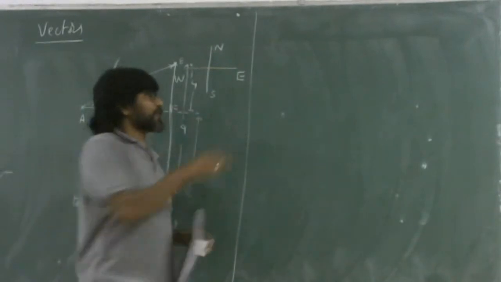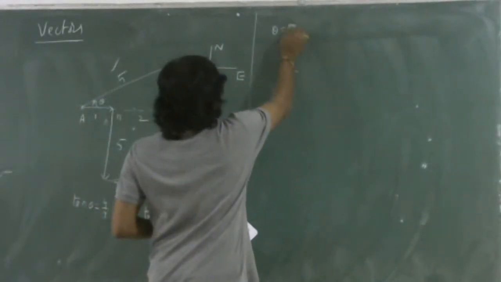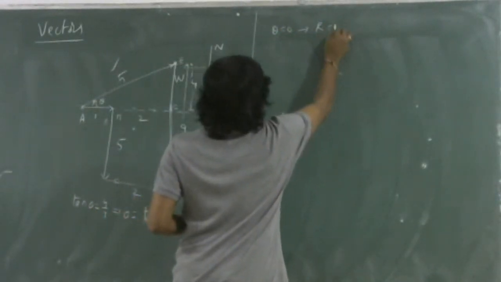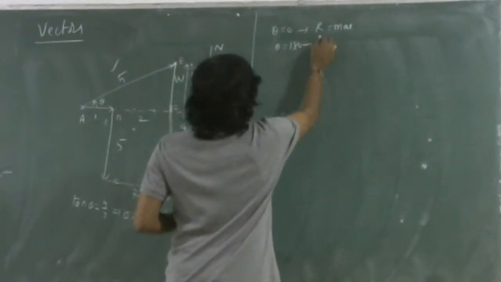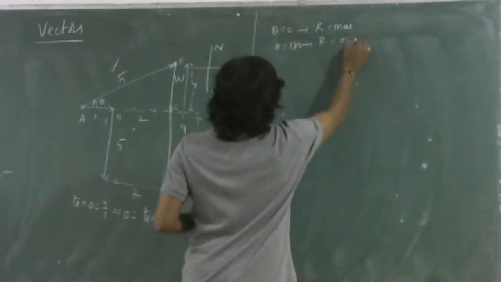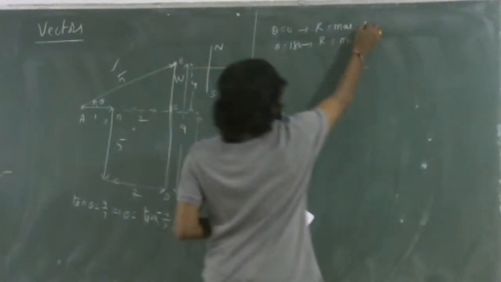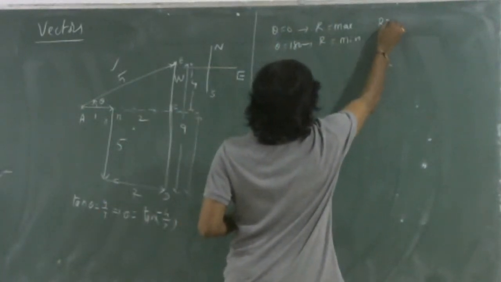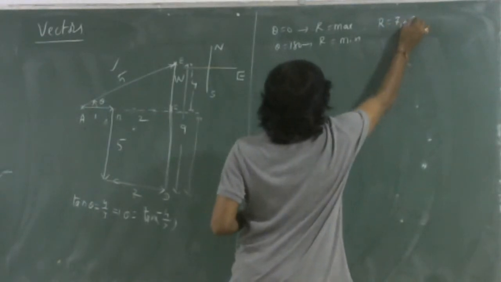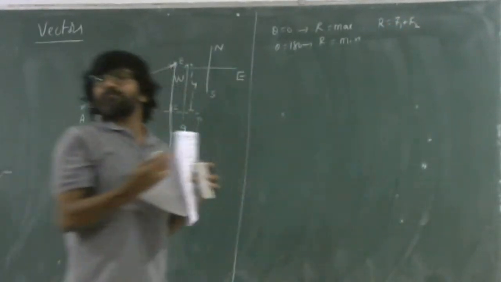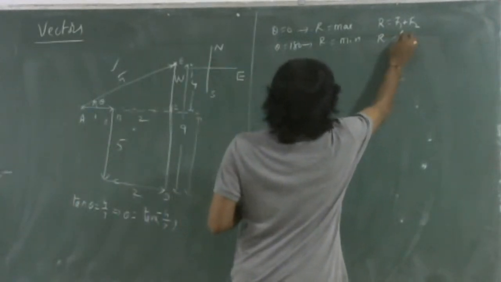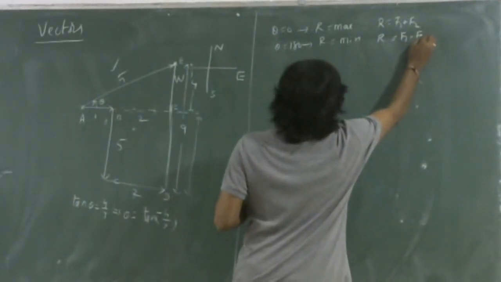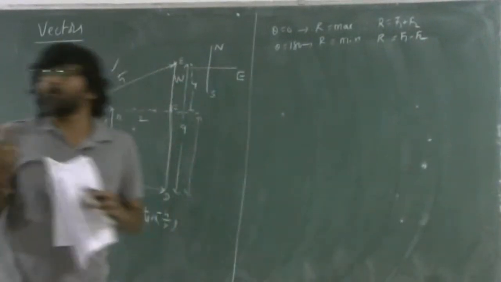Parallel means theta is 0, and the resultant will be maximum. When theta is equal to 180, the resultant will be minimum. So if you have two forces, the maximum resultant is R equal to F1 plus F2, they add up. Whereas at theta equal to 180, R is F1 minus F2, so the resultant will be minimum.